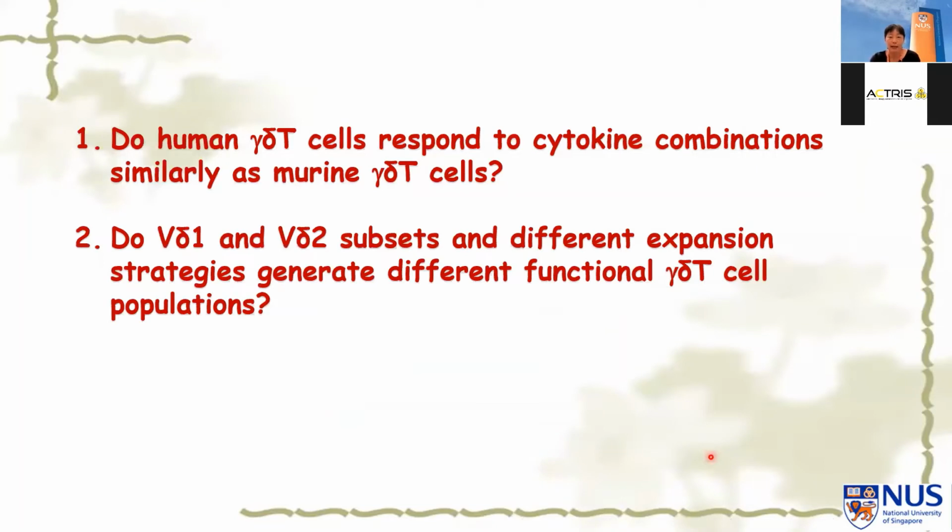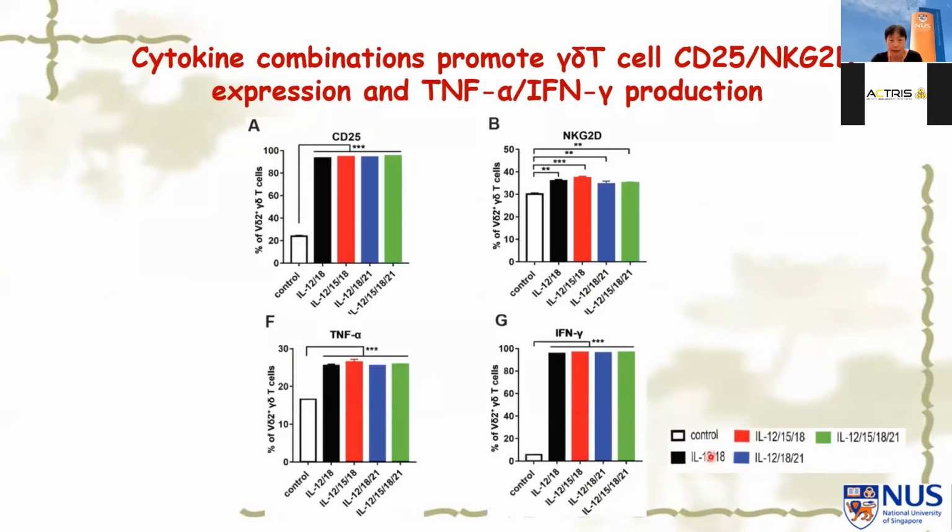So we want to ask, do human gamma delta T cells respond similarly? And also these two human subsets, delta 1 and delta 2, and the different expansion strategies. Even if we expand V delta 2 with antibody or with phosphoantigen, do they behave the same? So we looked at the surface marker expression.